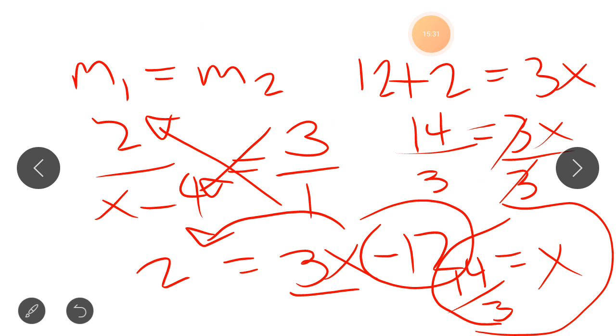Then we equate this, substitute m sub 1, so that is 2 over x minus 4 equals the slope of the second line, which is 3. Since we have a fraction on the left side, we put denominator 1 to 3 to make it a fraction, then cross multiply. So 1 times 2, 2, then 3 times x, 3x, 3 times negative 4, negative 12.